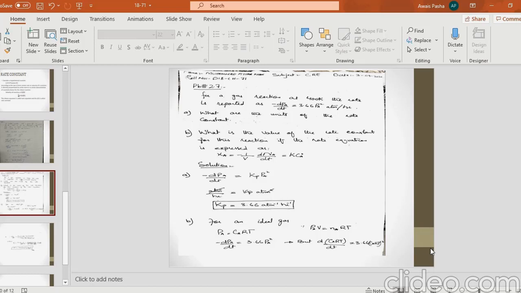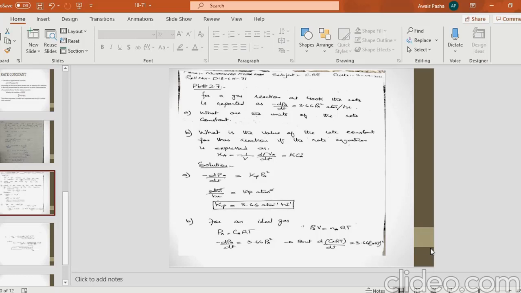What is the value of the rate constant for the reaction if the rate equation is expressed as the rate of reaction of A is equal to the negative 1 over B, rate of change of A with respect to time is equal to K, the rate constant, and the concentration of A.